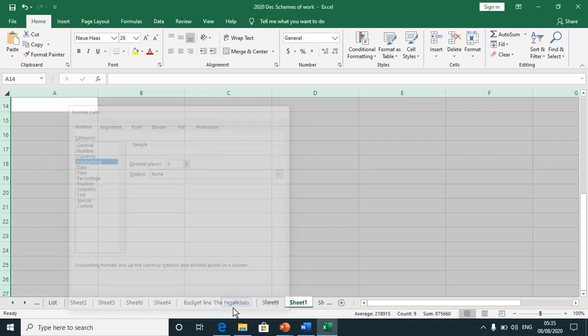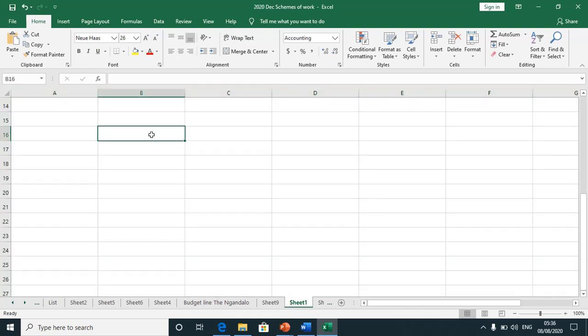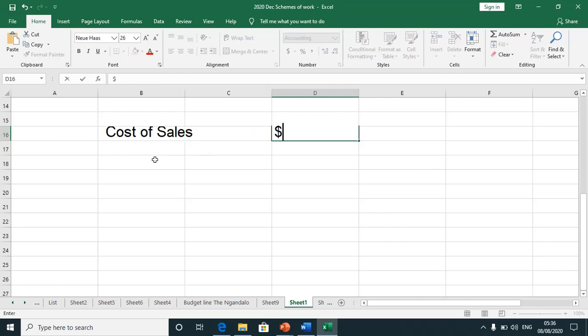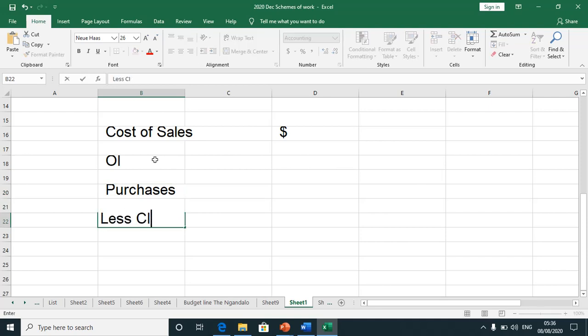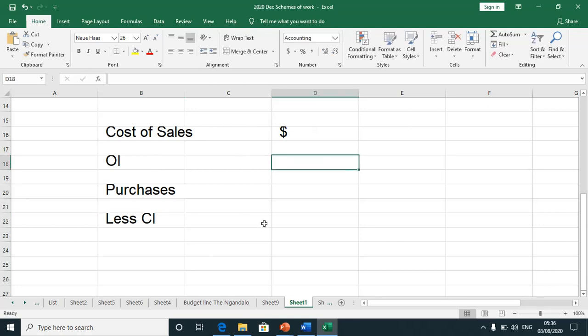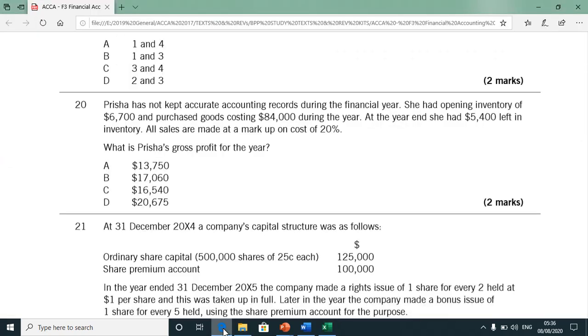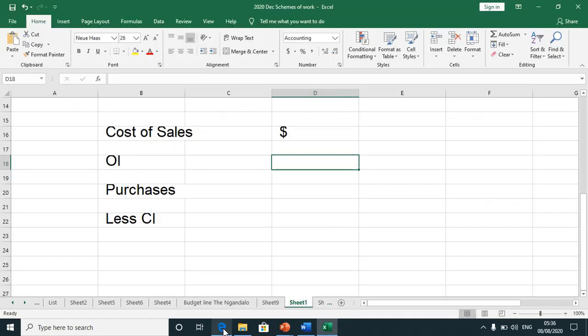So what we have here, we need to establish the cost of sales, of course, and we all know cost of sales, as this is a revision class, is equal to opening inventory plus purchases less closing inventory.